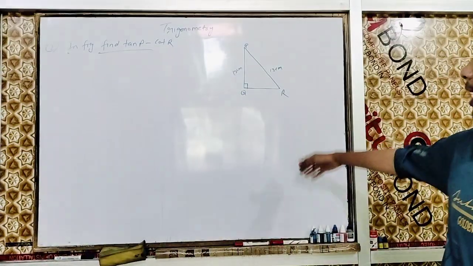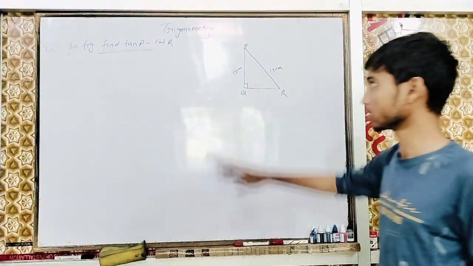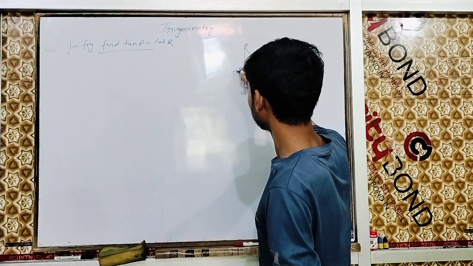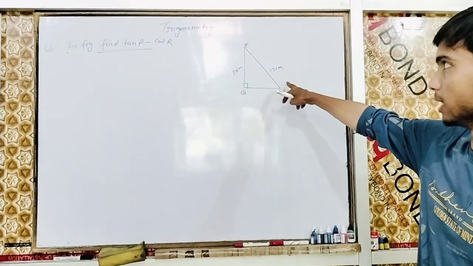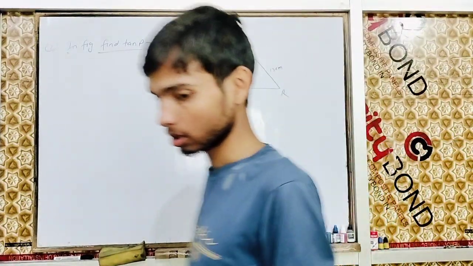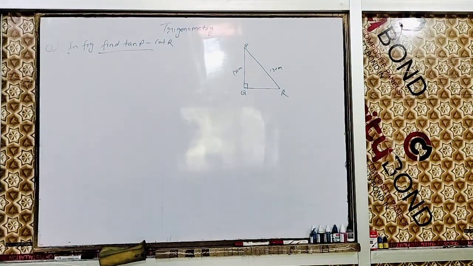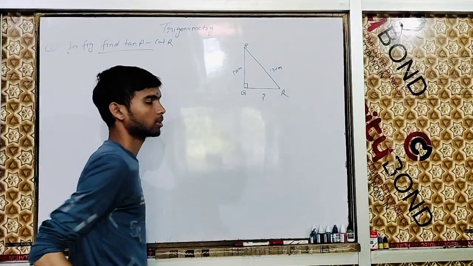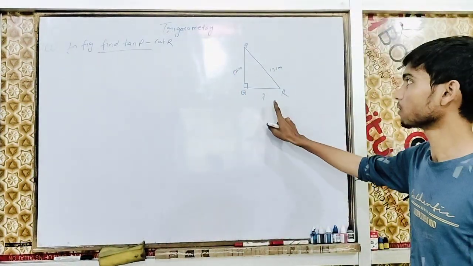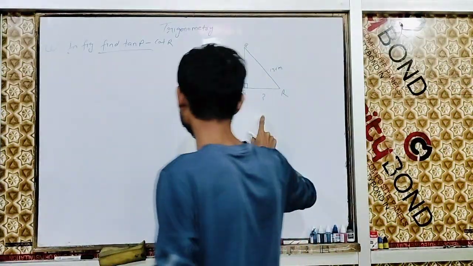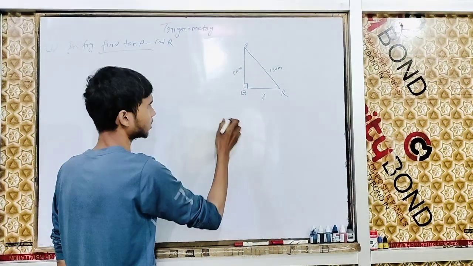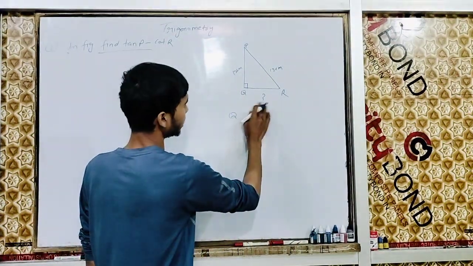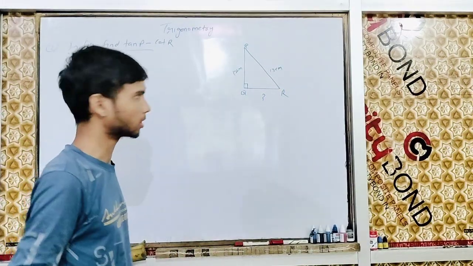In this given figure, you can see we have the measure of this side, which is 12 centimeter, and the measure of this side is 13 centimeter. But you can see we don't have the measure of the third side, which is QR. First, we have to find the measure of this side. So for this, we will use what? As you know, this is the base.